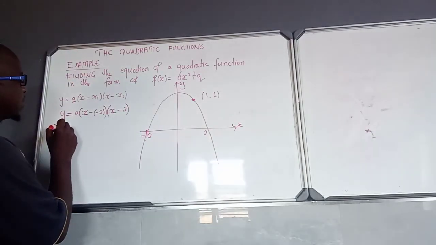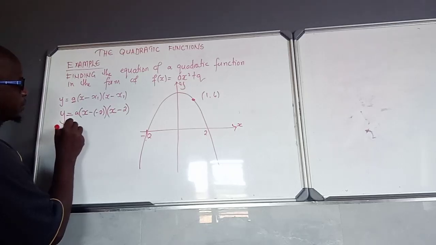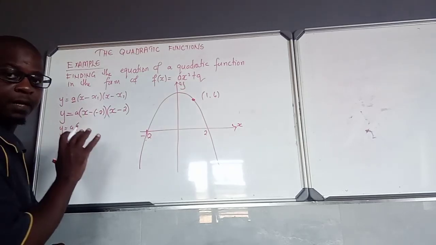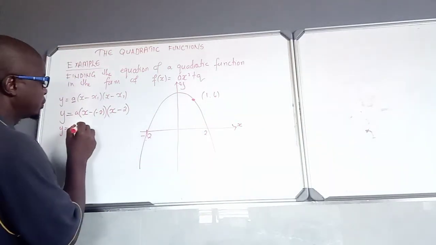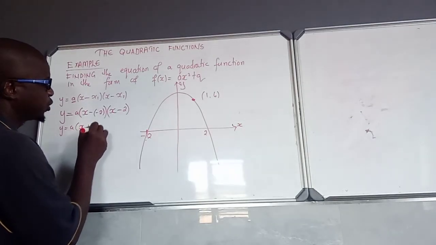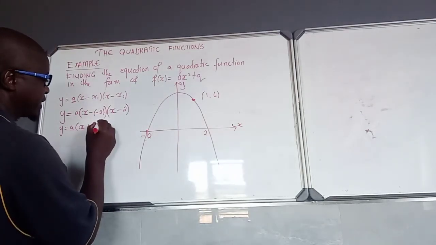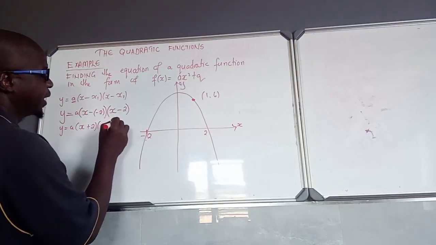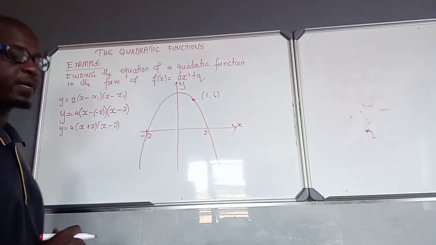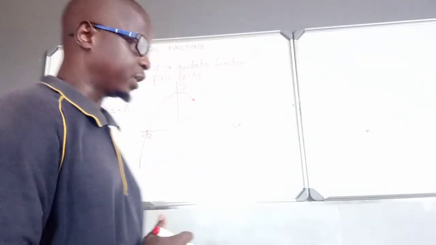So this takes me to y = a(x - -2), which is x + 2, and then this bracket here is straightforward, x - 2. So I have (x + 2)(x - 2) in those brackets.